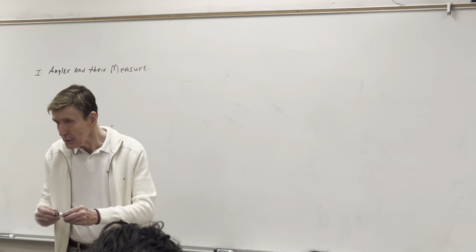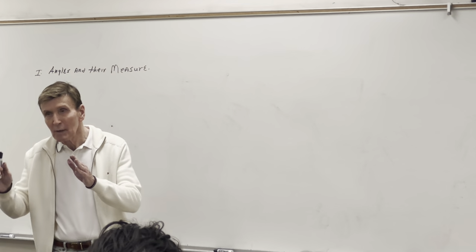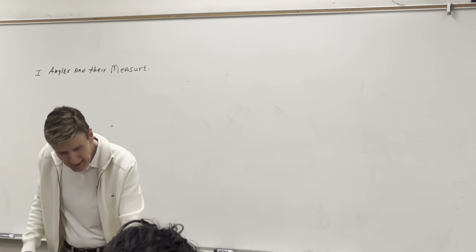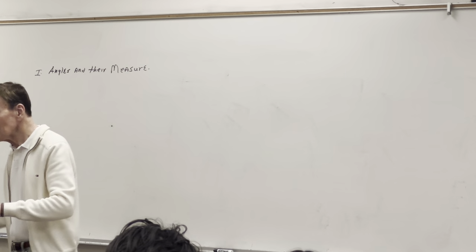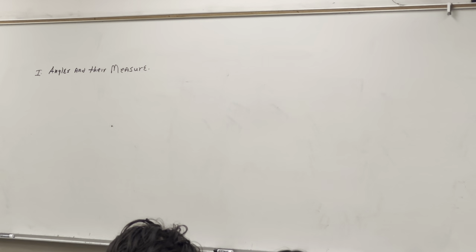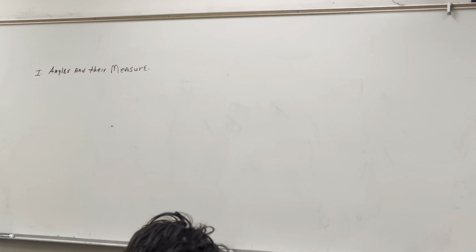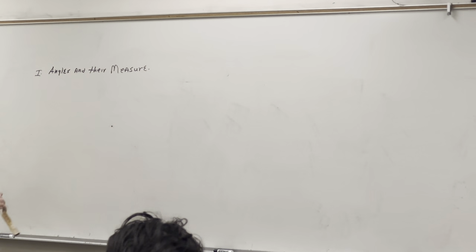Watch carefully. Based on previous classes, I think every student has seen what's coming up in this next chapter, and they like it. No logs to worry about, no exponentials. Now what is it though? It says angles and their measure.